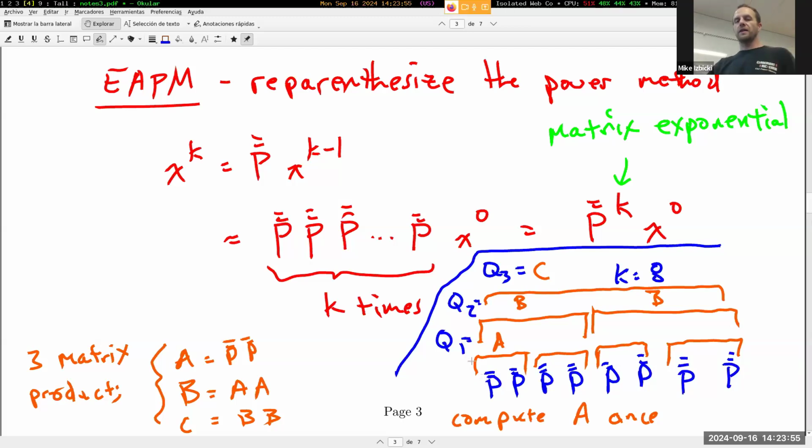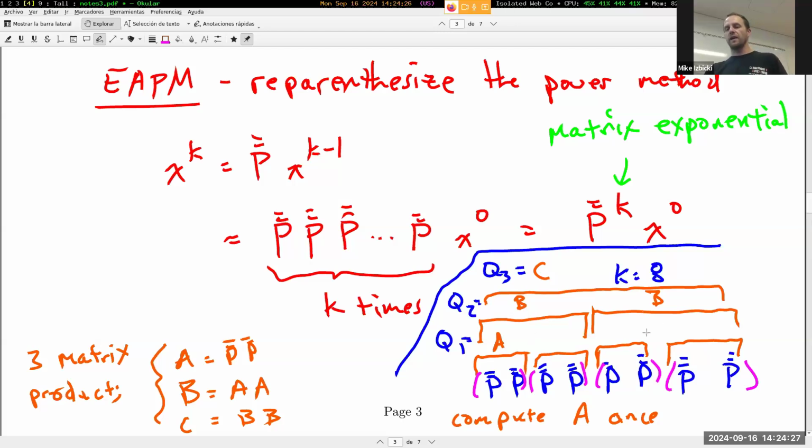The new way of doing this is to add parentheses that would look something like this around all these. So the square brackets up above indicate parentheses. And then observing, if I do this p bar bar times this p bar, I don't need to repeat that same computation, because we can just store that in a variable, call it a, and now we have a for us already, so we don't have to redo those computations. Similarly for b, b would be a times a. We don't have to do that twice.